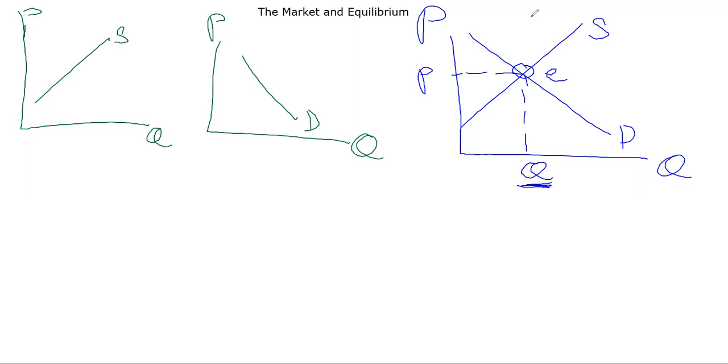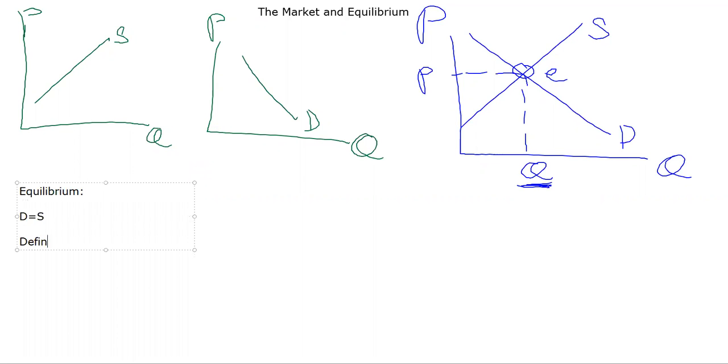Now, if you look at equilibrium in a little more detail, obviously, this is the point where demand is equal to supply. You can see that much from the diagram itself.